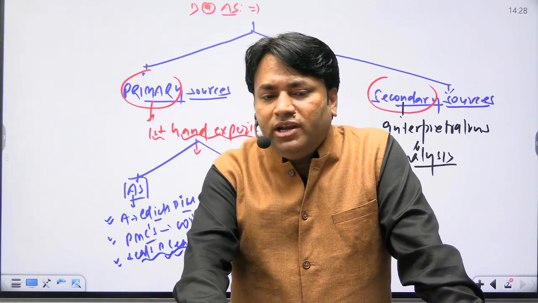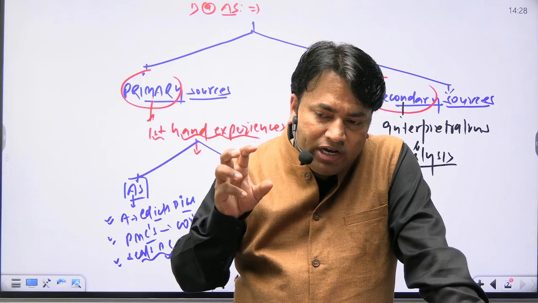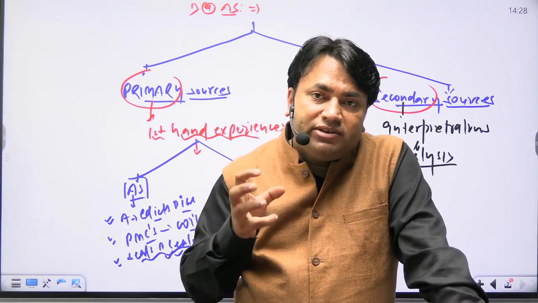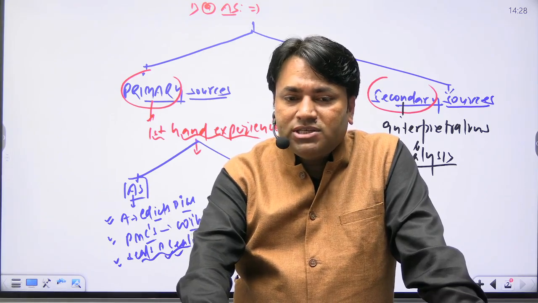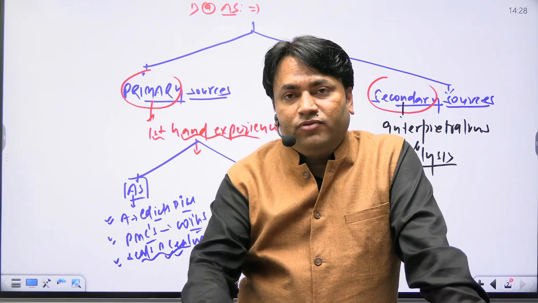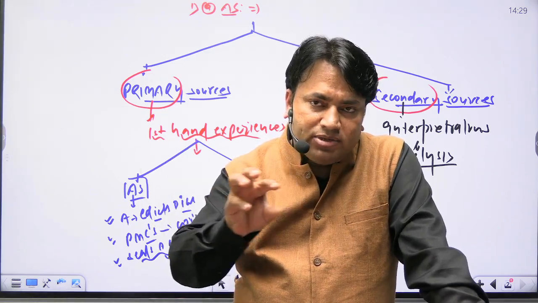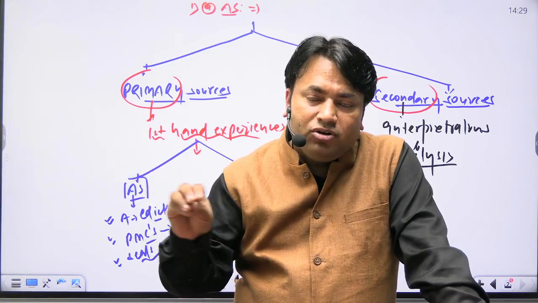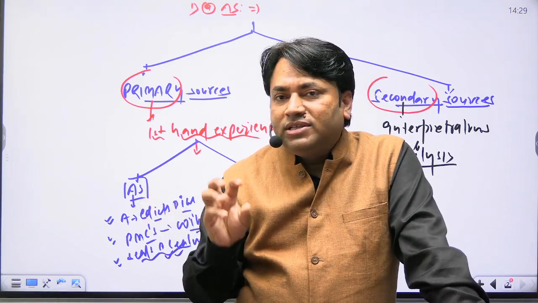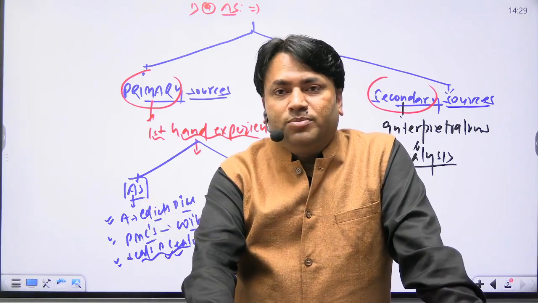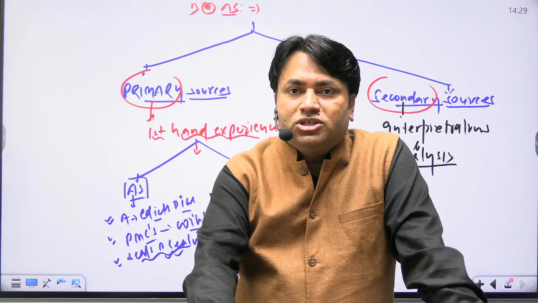Historians analyze, interpret, classify the data, and summarize the information given in the primary sources and present it before us. So any book written by R.S. Sharma, R.C. Mazumdar, D.D. Kosambi, or Romila Thapar, all these interpretations are secondary sources of history.